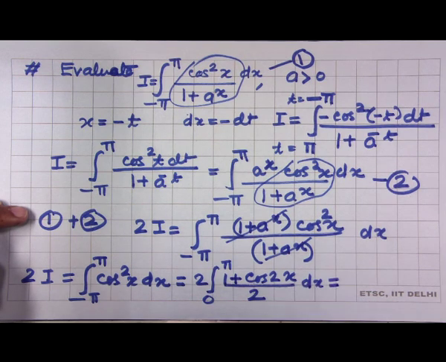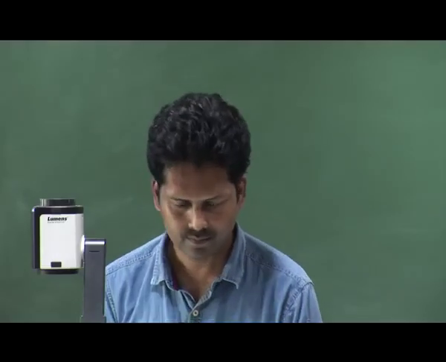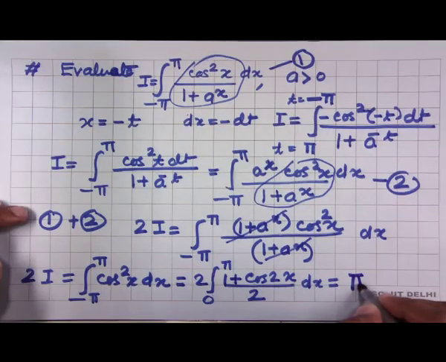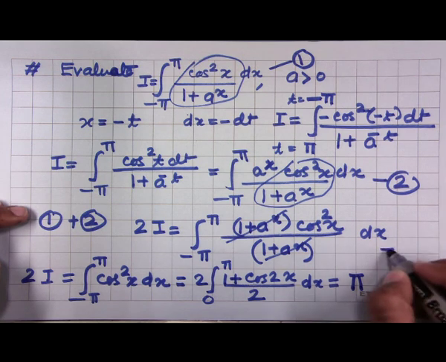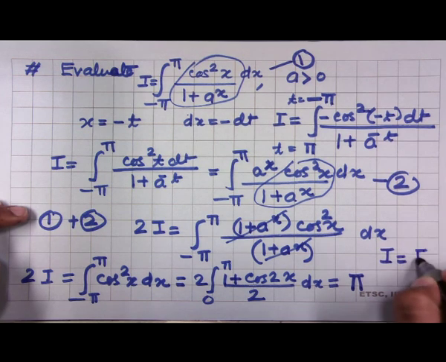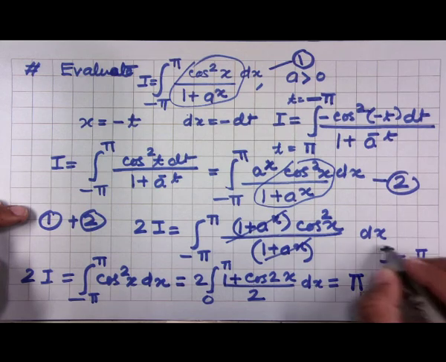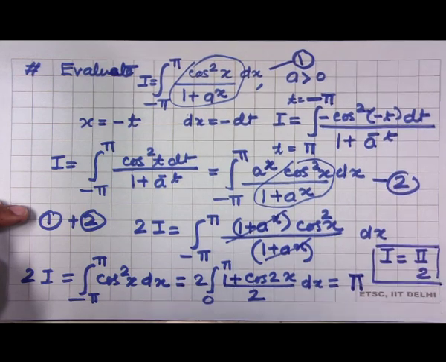So the value of this will be pi, because x gives you pi, and cos 2x integrates to sin 2x by 2, and the value of that will be 0 at 0 and pi, therefore finally you get pi over here. So, I is equal to pi by 2 is the answer.